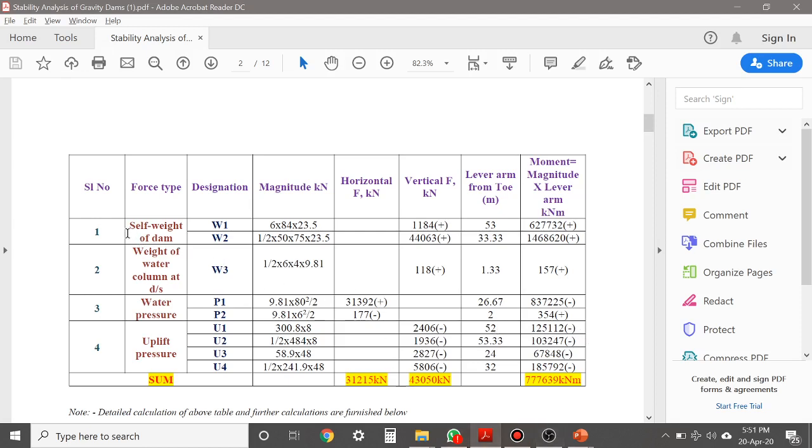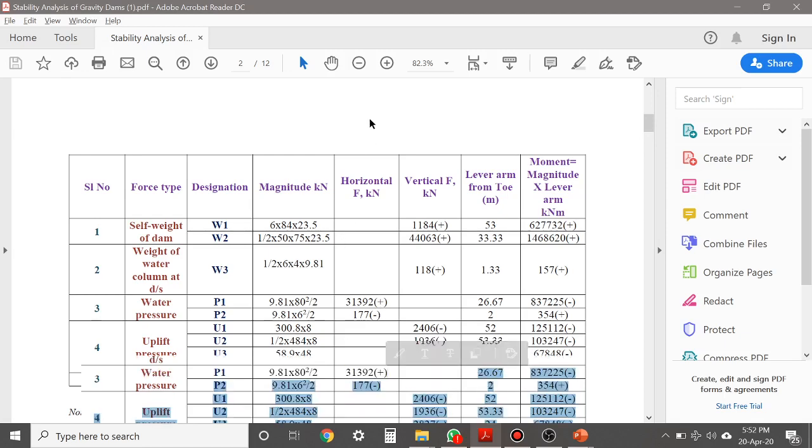After calculating all the different types of forces, you have to take the arithmetic sum of horizontal forces, the arithmetic sum of vertical forces and the arithmetic sum of the moments you calculated. While taking the arithmetic sum, you have to consider whether it is positive or negative. So this is the arithmetic sum you are getting.